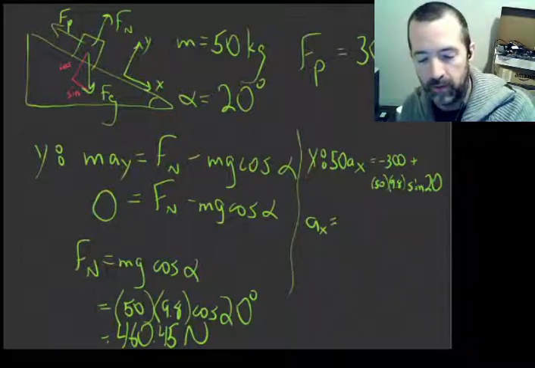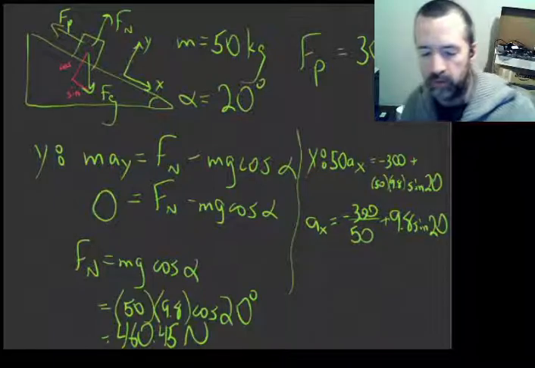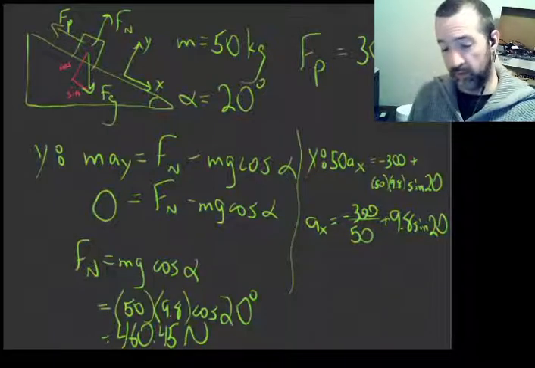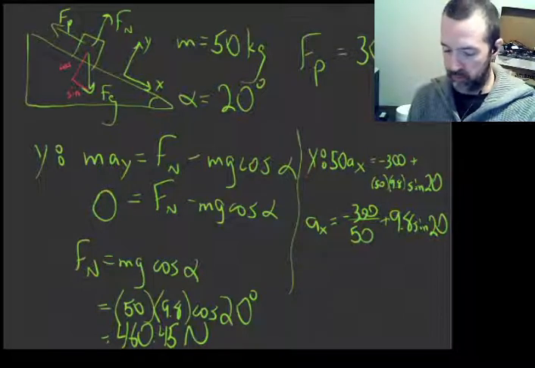So a_x is going to be negative 300 over 50 plus 9.8 sine 20. So that's negative 6 plus 9.8 times sine 20.